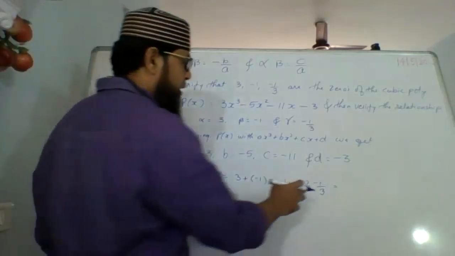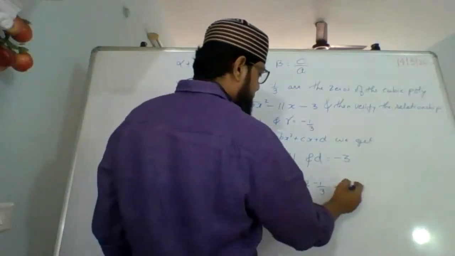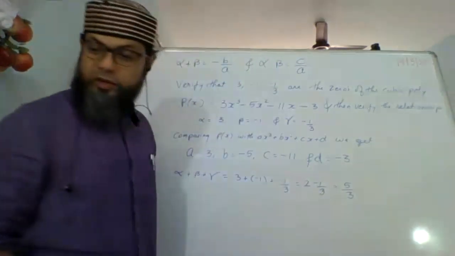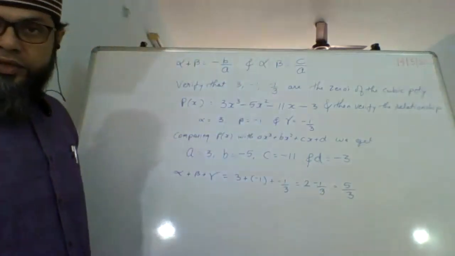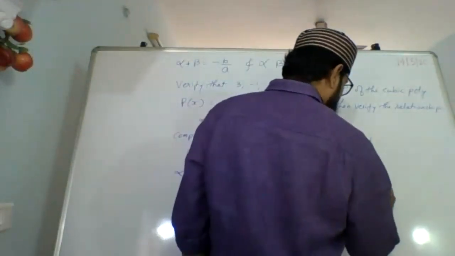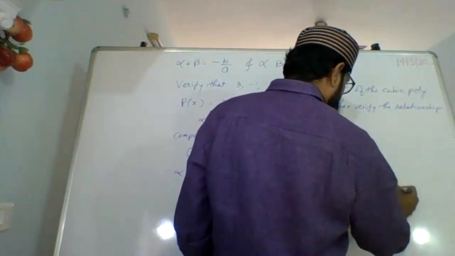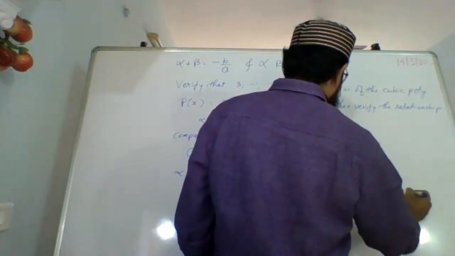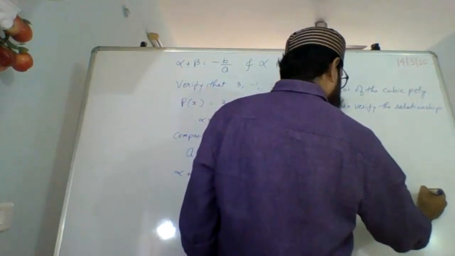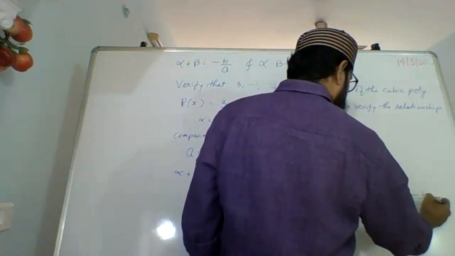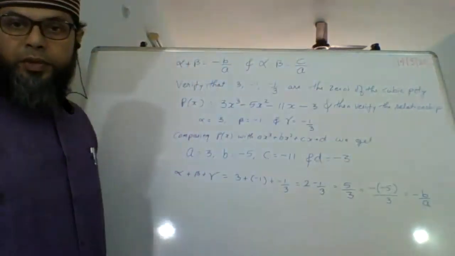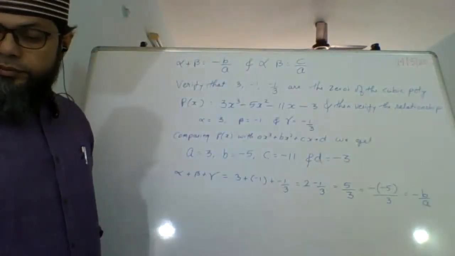When I take LCM, 3 twos are 6, 6 minus 1, 5 upon 3. Now 5 upon 3 I can also write as minus of minus 5 upon 3, and minus 5 is your b. So minus b upon a.